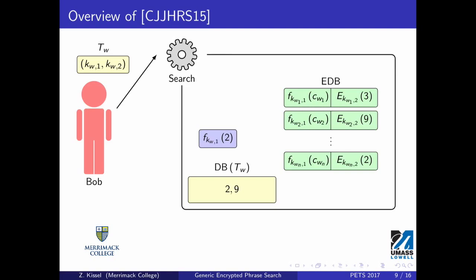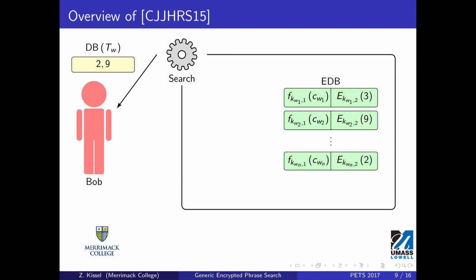For pseudorandom label 2, we find no entry, and we return the results to Bob, and those are the matching documents. Okay. The leakage here is the number of documents that match, or the IDs of the documents that match, and the search pattern, which is nothing more than the repeated documents from previous queries.